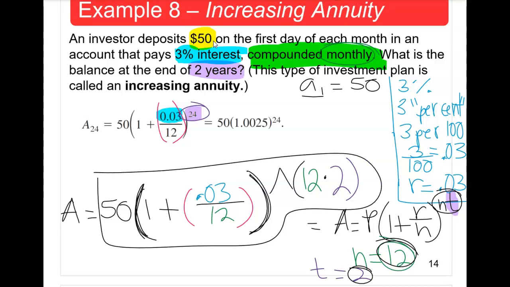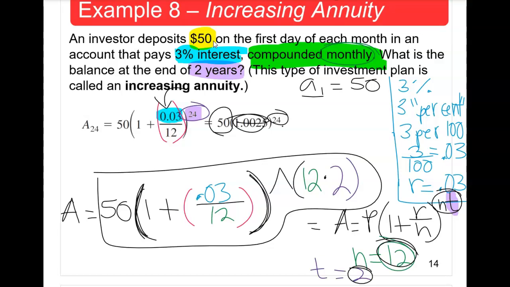Or if you want to do it in parts without rounding, you could start by the innermost parentheses, which will be the 0.03 divided by 12. Then you add a 1. Then you raise that to the, and that will give you the number that you see here. Then you raise that to the 24 power, and then at the end you multiply by 50. So that's another way to do it.